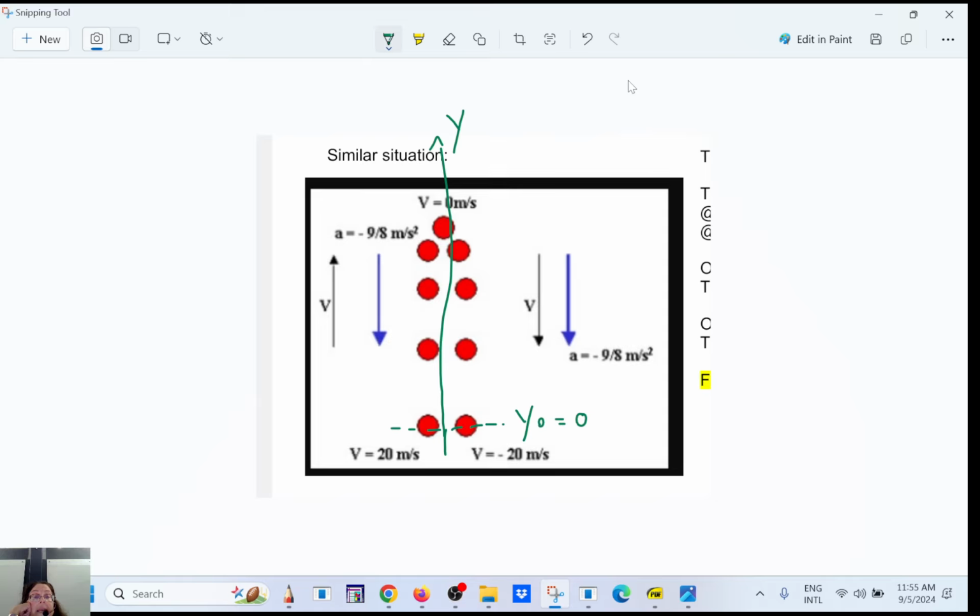Okay, so displacement equals. So what's the equation? Initial what? Initial velocity, right? So it will be what? Initial velocity is 20 t plus 0.5. What's the acceleration?